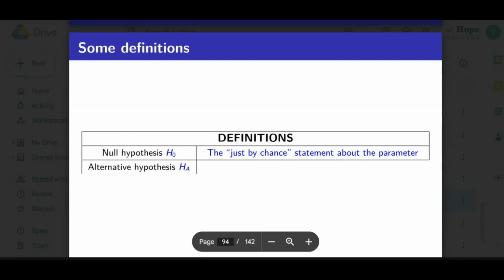If you paid attention during the group work, the null is the statement that says you are guessing. You don't know what you're doing, you're guessing. That's why you should have answered, and I hope you did, that the null hypothesis in the Finnish problem was pi equals one half. That's the guessing hypothesis. That's the you're-doing-everything-by-chance hypothesis.